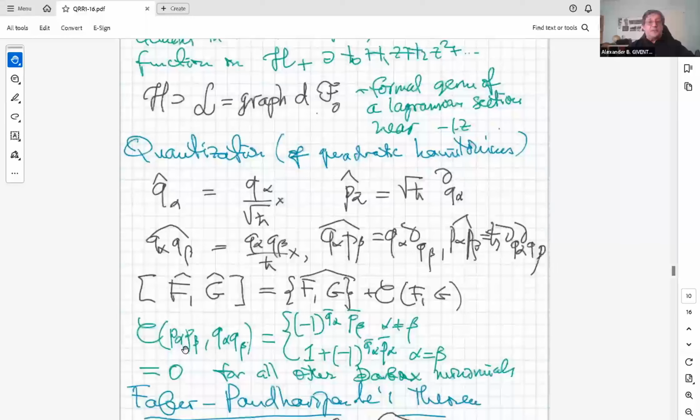For Darboux monomials, it is 0 unless you have identical P and Q monomials, and it is either 1 or 2, depending on whether alpha is equal to beta or not equal to beta.